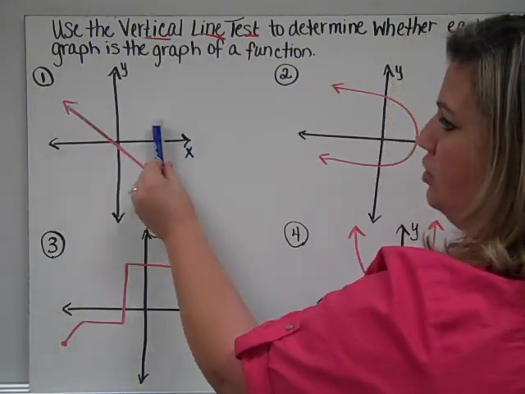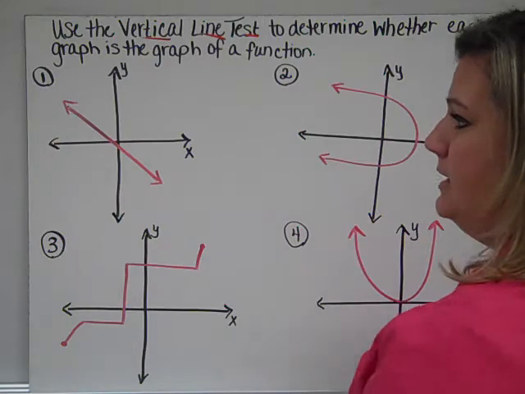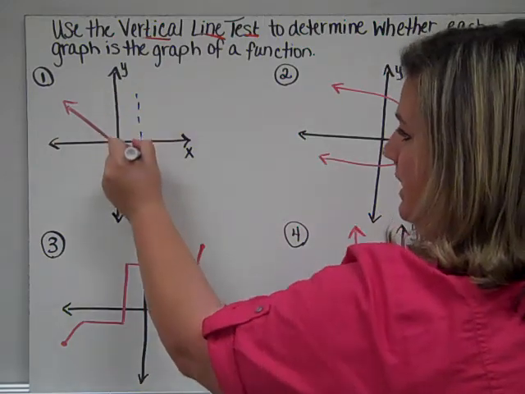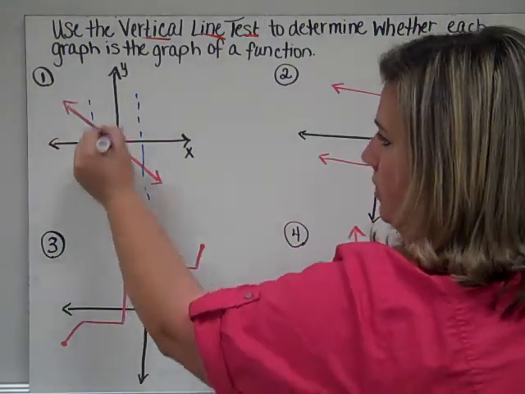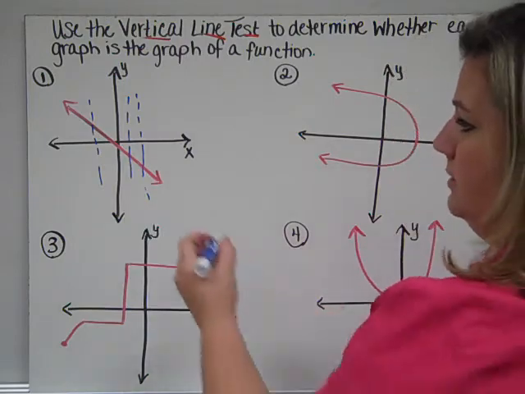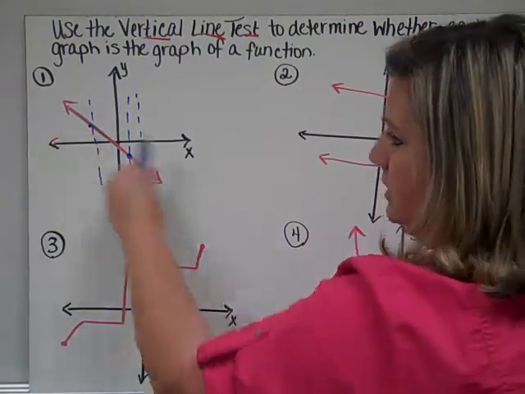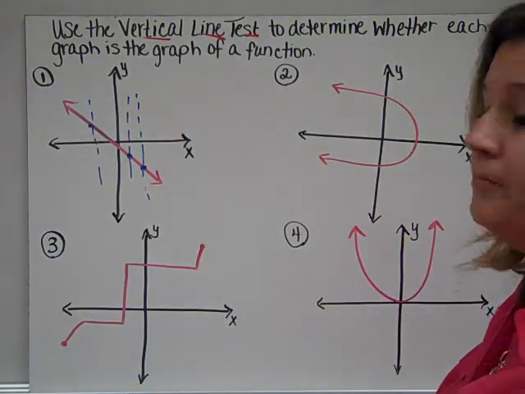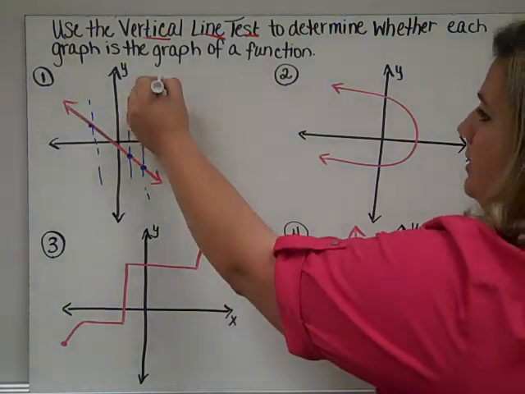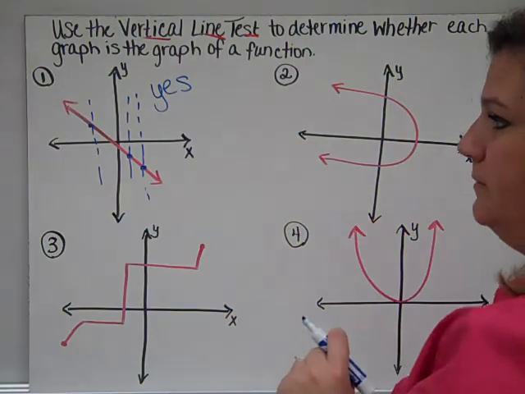Any point on this graph I trace, it is not hitting the graph more than once. So here, it only hit that graph once in any place I choose to apply the vertical line. So yes, that is a function.